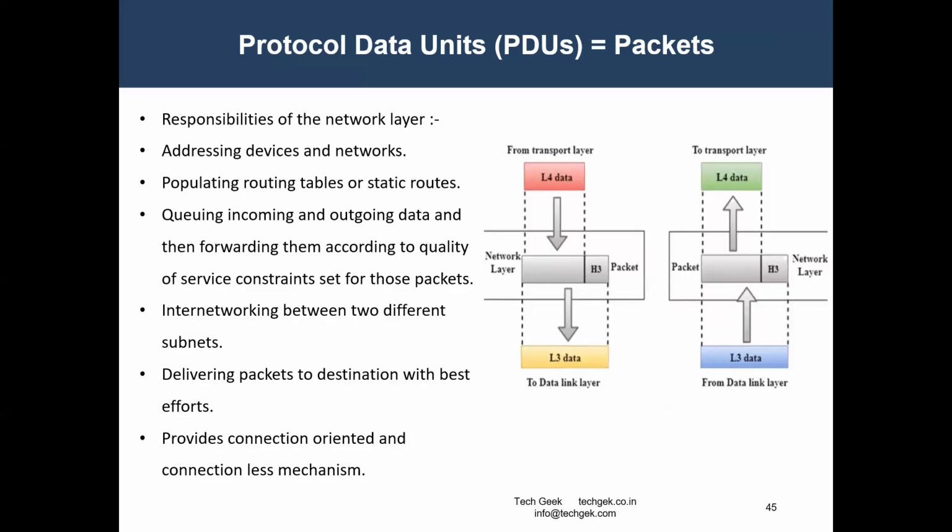Now, what does that mean? Packet delivery can happen either through TCP or UDP, correct? TCP is called connection-oriented, and the connectionless mechanism is called UDP. So we have TCP and UDP for packet delivery, and we will see in detail how the packet is transferred and what happens in TCP and UDP.